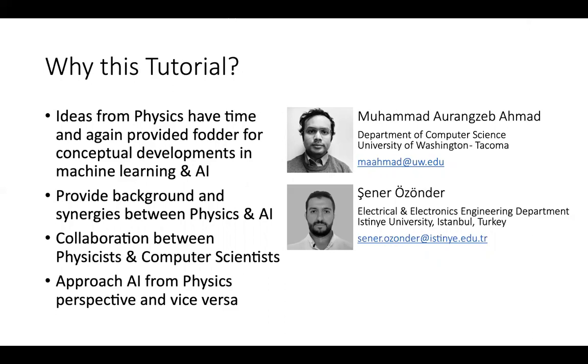This represents a collaboration between myself, coming from a machine learning and computer science background, and my colleague Sener Ozonder, who comes from a theoretical physics background. So we seek to approach AI from a physics perspective and physics from an AI perspective, and meet in the middle. And that's how this tutorial was born.